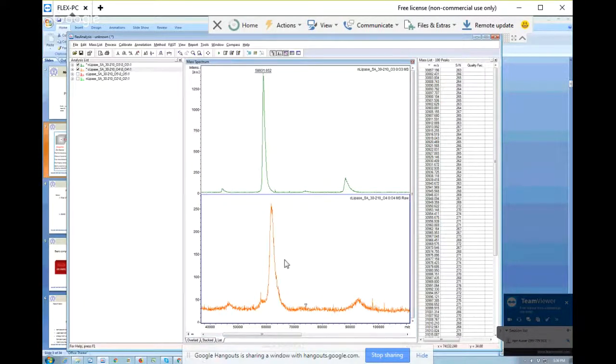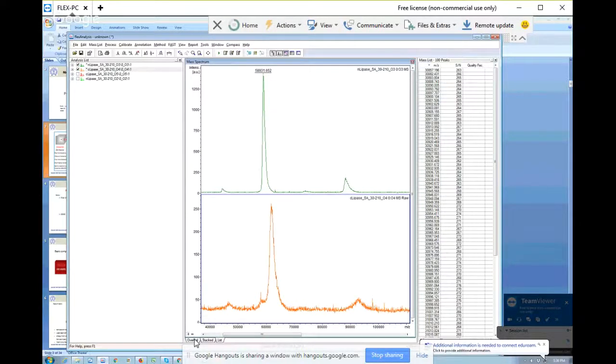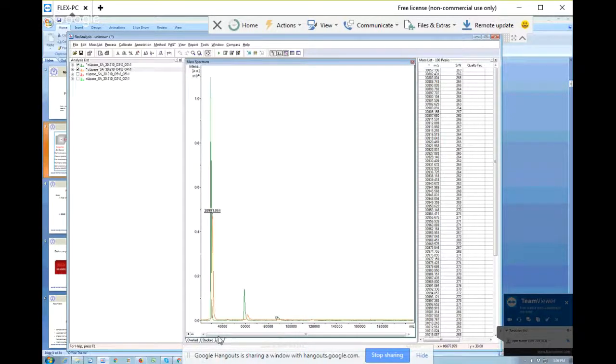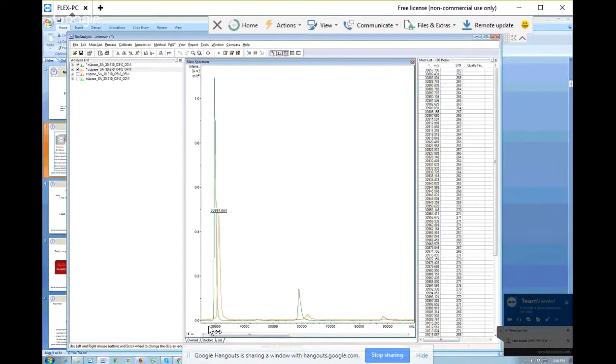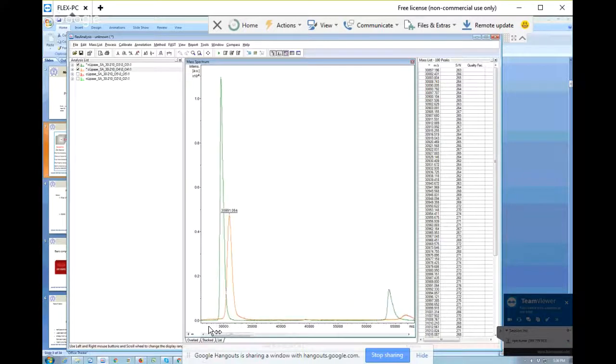This could be better represented if we overlay these two spectra. So once we overlay them and we expand the region of interest, it is very clear that there is a definite shift in the molecular weight, which means the modification that was being tried is now successful.